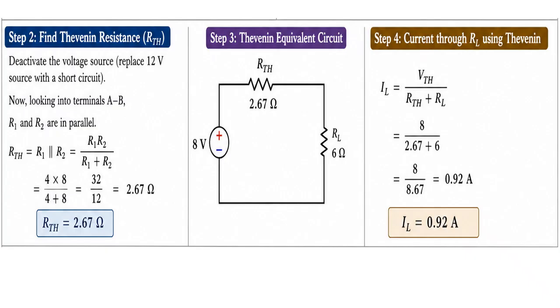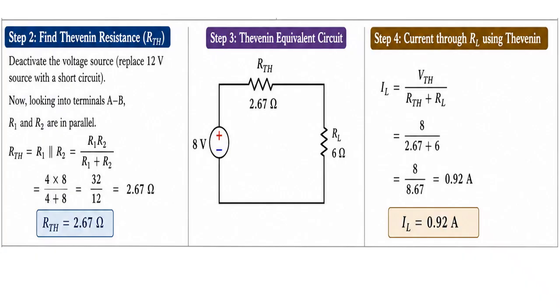If R1 and R2 are in parallel, then we can write the formula as R1 into R2 by R1 plus R2. By substituting the values of R1 and R2 directly in this formula, we get the Thevenin's resistance as 2.67 ohm.